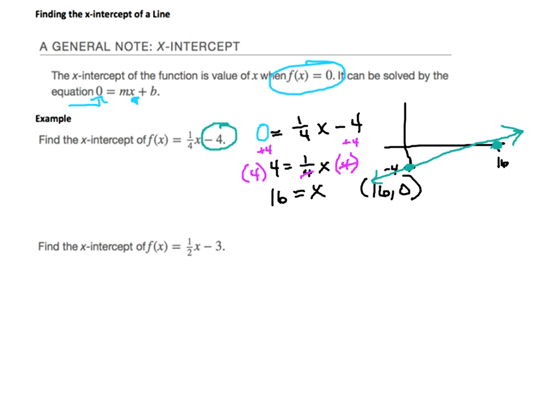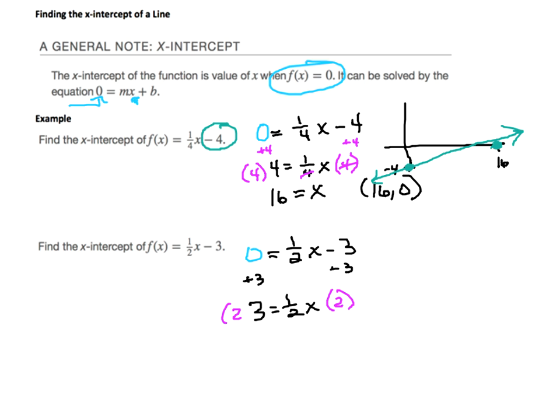Okay? And we're also asked to find the x-intercept again. So I need to plug in 0 for y to find an x-intercept. 1/2 x minus 3. Add 3 to both sides. 3 equals 1/2 x.